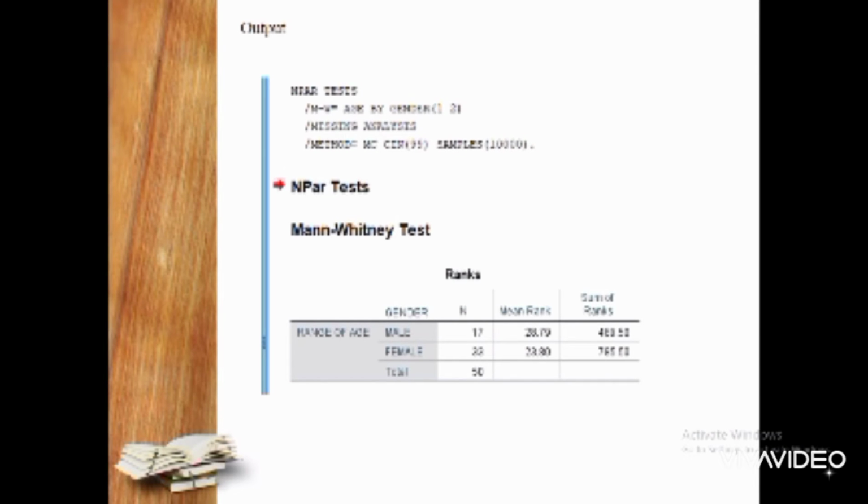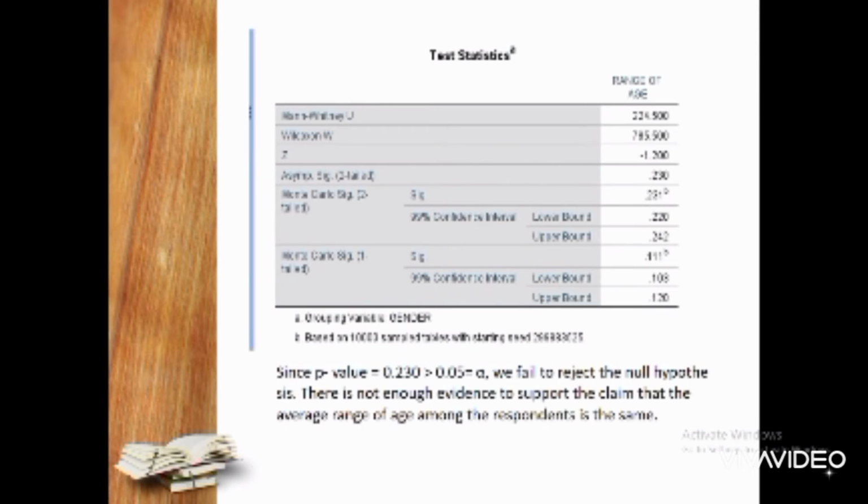The mean rank for male equal 28.79, while the female mean rank 23.80. And the test statistic, we got the two tail equal 0.230.